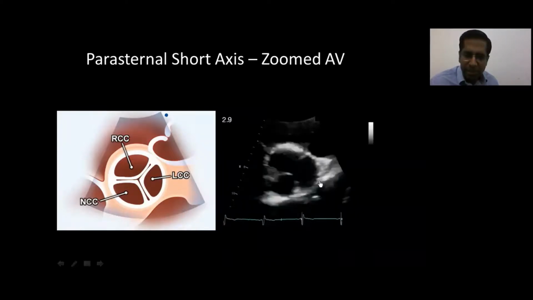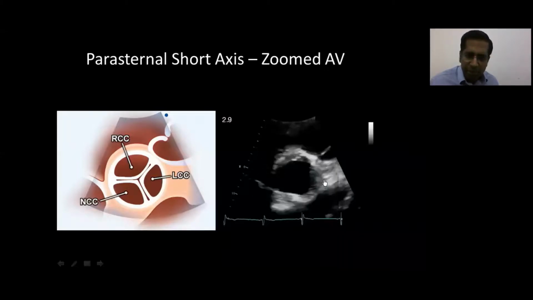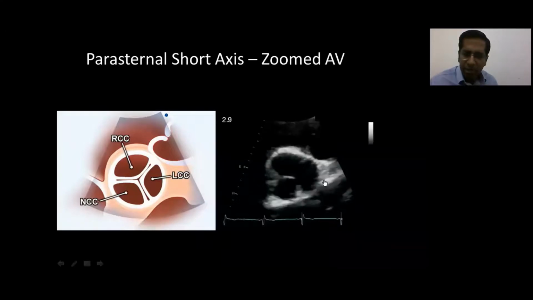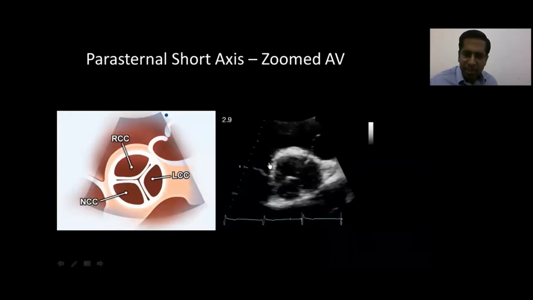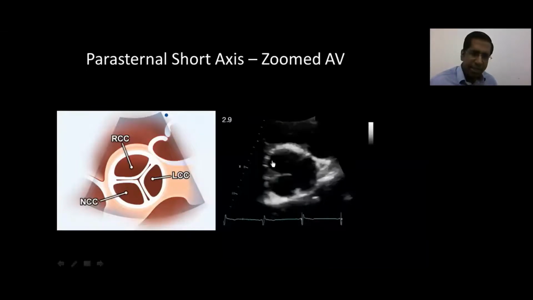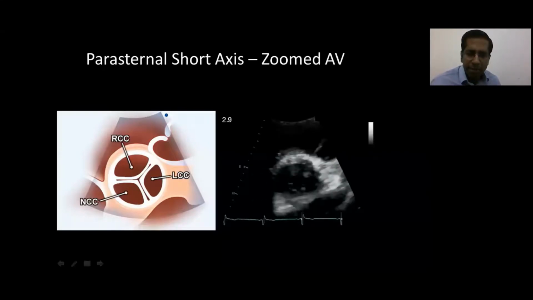So that is a simple, easy way of remembering the different cusps that are there. You would see that a coronary artery arises here, around the 4 o'clock position, that would be the left coronary artery from the left coronary cusp. Likewise, from the 10 or 11 o'clock position, you would see a coronary artery arising here, and that would be the right coronary cusp, the right coronary artery.